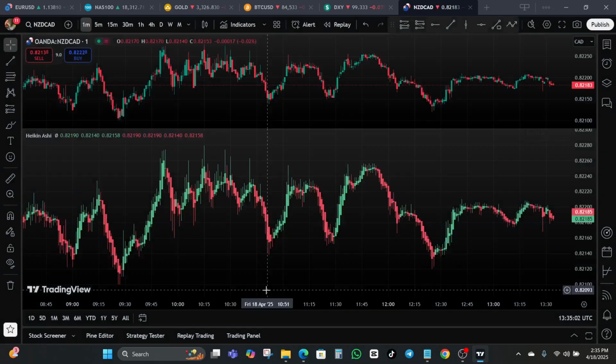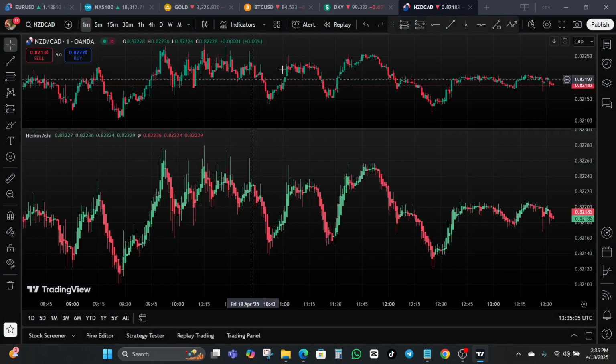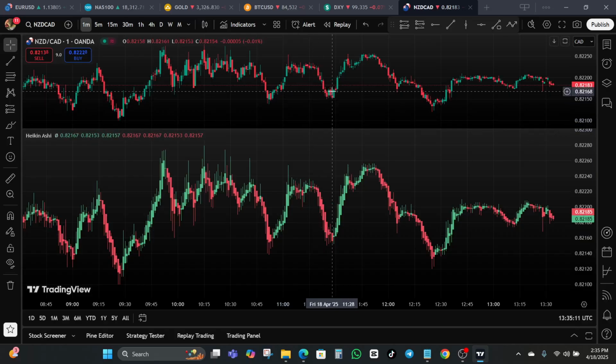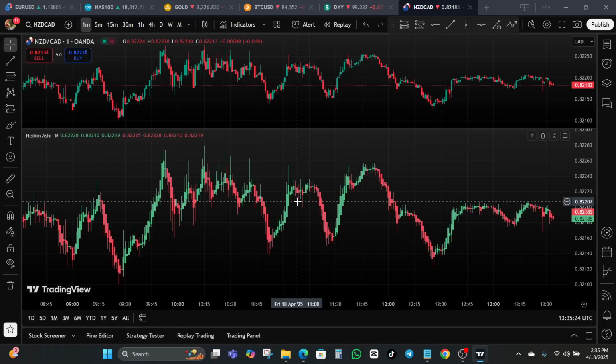But you can still be looking at the traditional candlesticks for reference. You can see the differences. Unlike traditional candlesticks, the Heikin Ashi averages price to create smoother trends. That means fewer fake outs and more visual clarity when momentum is strong or weak.